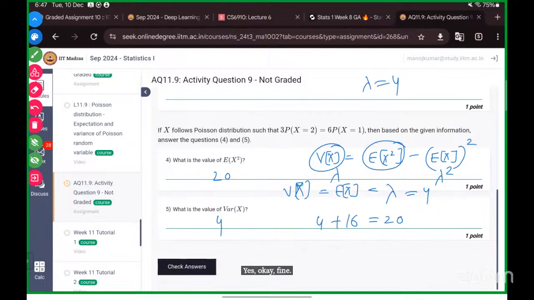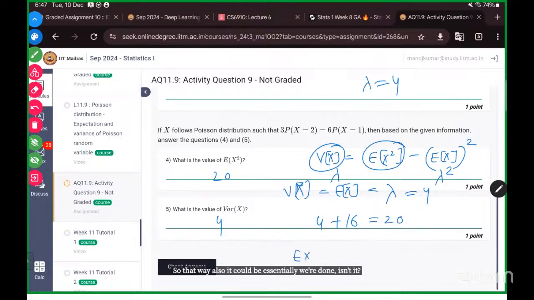We can also do it this way, right? In case we do not remember this formula, then we can do it basically. We can say that x square equal to 4. For x square equal to 4, my probability should not change, correct? So E of x square should be x into probability of x of 4. So that way also it could essentially be done, isn't it?